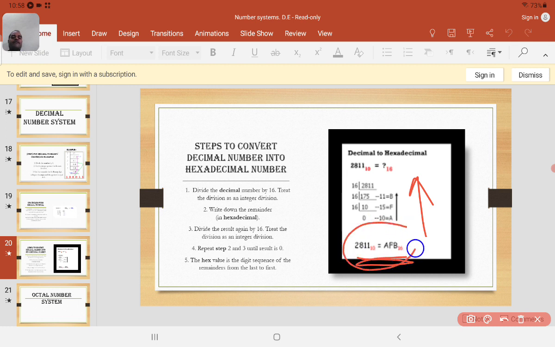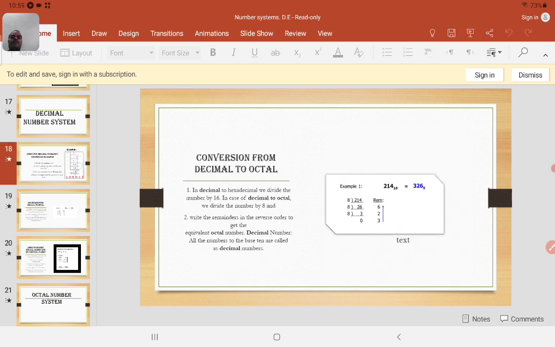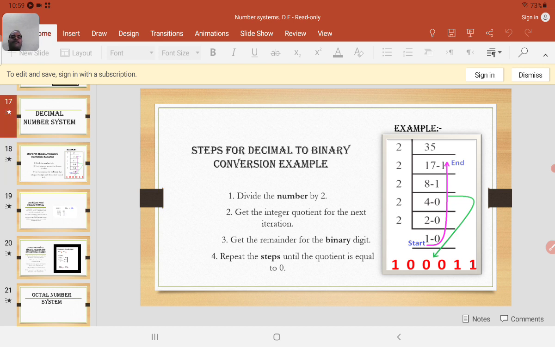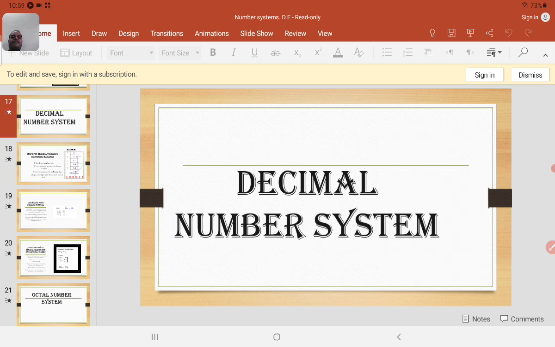So the 2811 decimal number is equivalent to AFB base 16. So this is how to convert a decimal number system into all other systems.